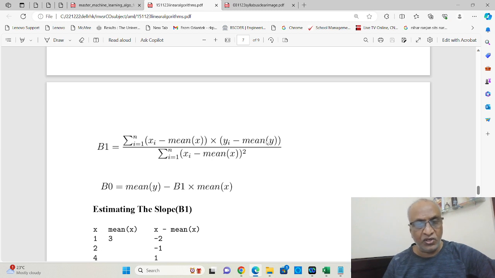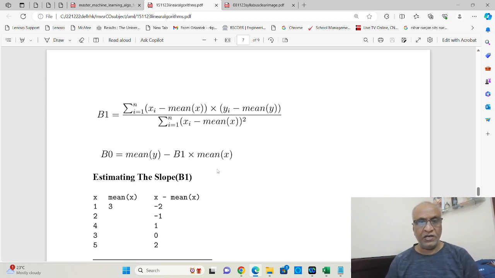Similarly, y minus mean of y for all the values of y, the summation. The denominator is xi minus mean of x, whole square, again with the summation. Once we calculate b1, b0 can be calculated using this formula: b0 is equal to mean of y minus b1 multiplied by mean of x.